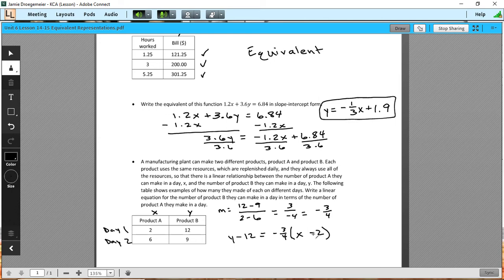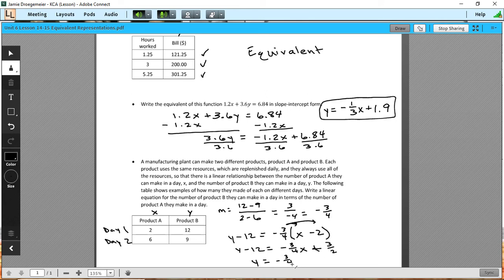If we want to get it into slope-intercept form, I would need to distribute that negative 3/4. So negative 3/4 times x, and then negative 3/4 times negative 2. That would be a positive 6/4, and 6/4 simplifies to 3/2. And then my last step would be to add 12 to each side.